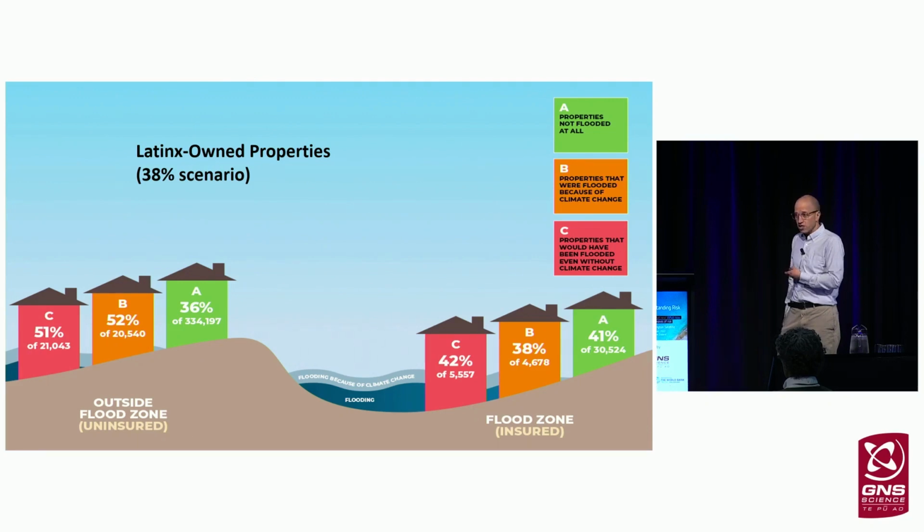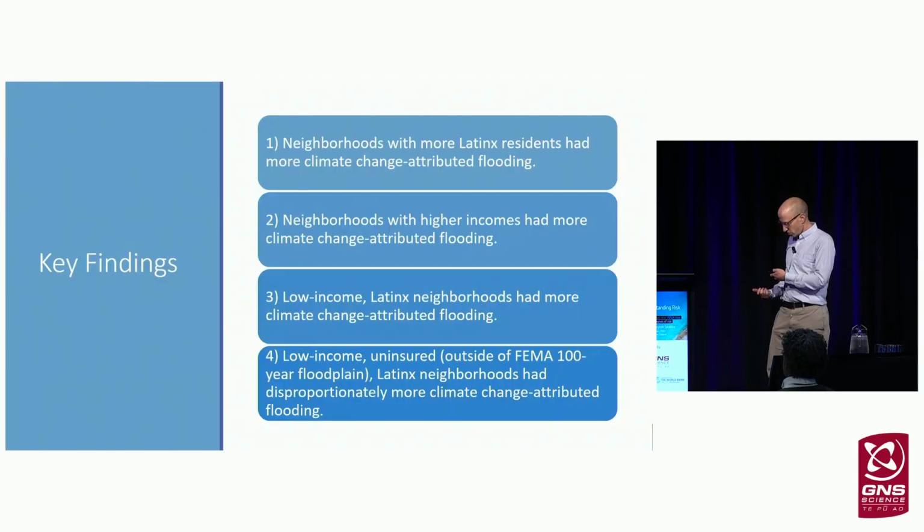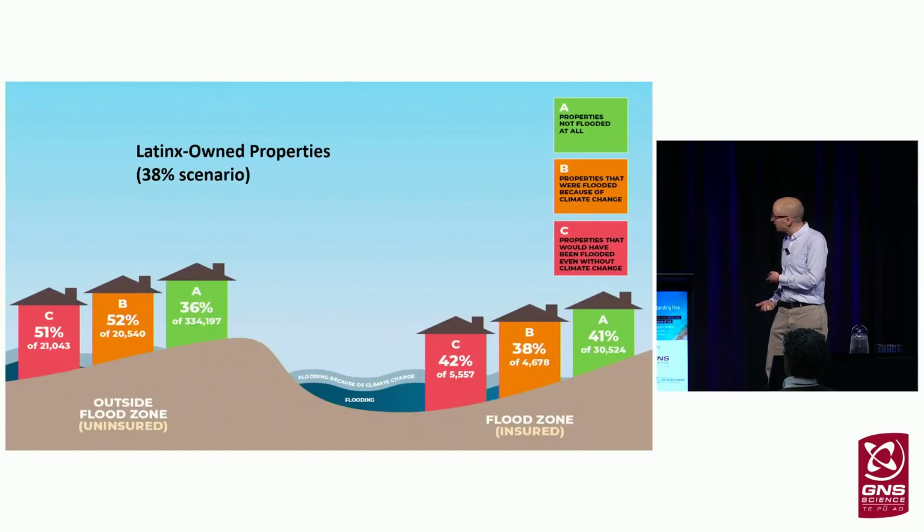These are A, houses that didn't flood. B are houses that flooded because of climate change. And C are houses that would have flooded anyway, but flooded more because of climate change, right? So if you look at the percent of houses owned by Hispanics, it's about the same for those in the flood zone, meaning insured.